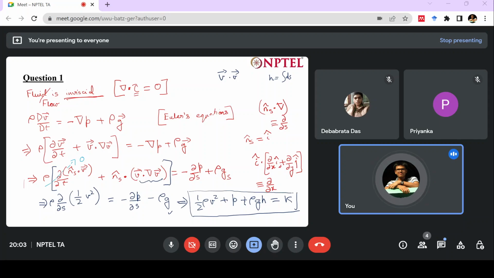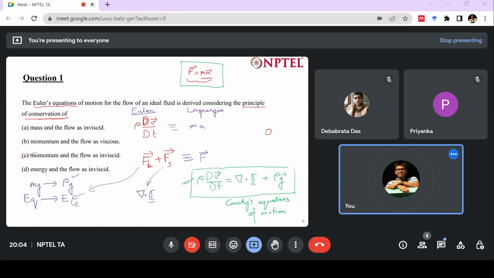Is there any doubt regarding how we arrived at Bernoulli's equation? So let me do one thing. Let me summarize the whole thing we have done, exactly from the starting of Newton's law, so that the whole concept is very clear to you.